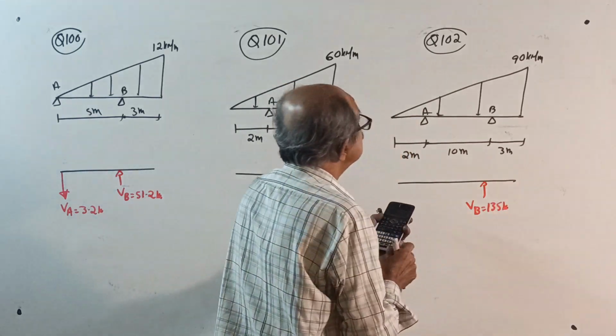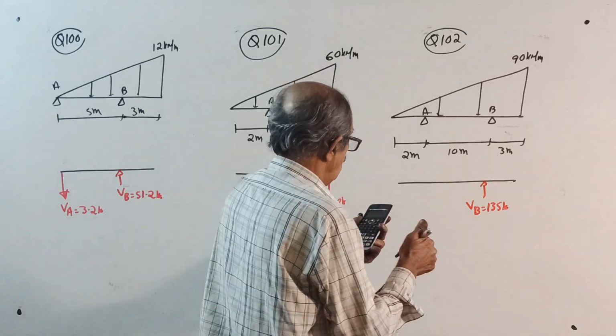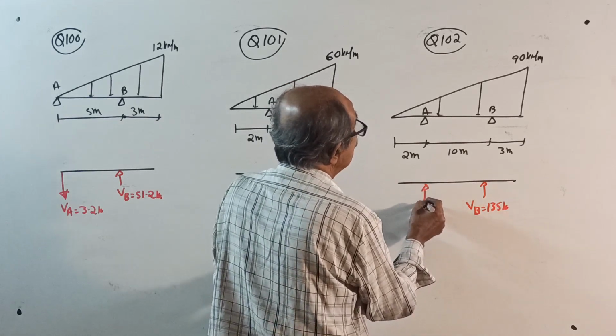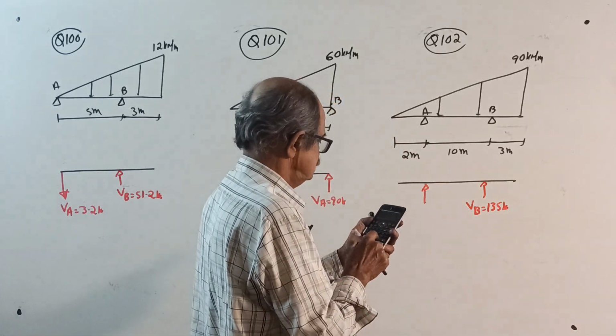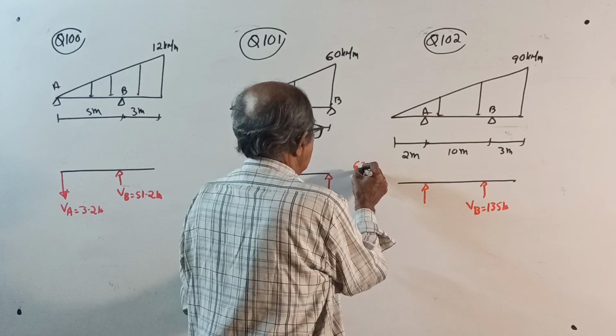I check the answer. Minus 90 into 15 divided by 2. VA 540 kilonewton. I think I'm feeling something is wrong. 1 minute. Something wrong. 90 into 15 divided by 2 is total 675 kilonewton.